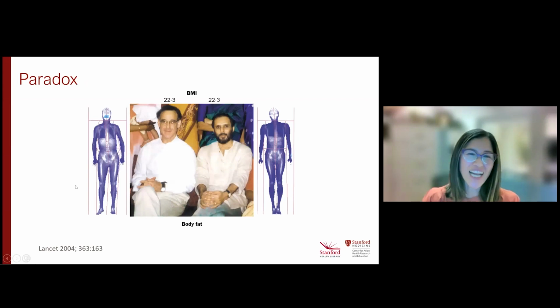And this is a really old example, and a lot of people show this slide, but I think it illustrates the point well. This was published in a journal in 2004, and it shows pictures of two physicians, one white, one of Asian descent. They have the exact same BMI, but when they have body fat measured by imaging, the body fat is about 9% in the non-Hispanic white physician versus more than double that in the Asian physician.